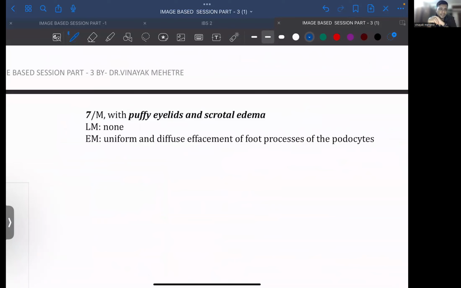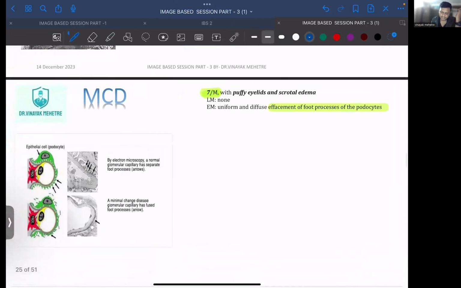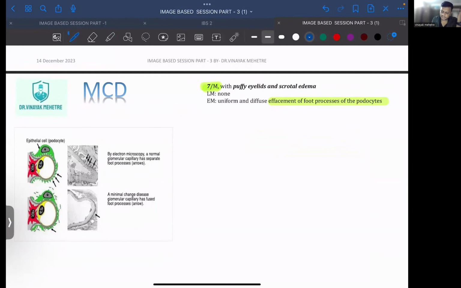But if you are seeing only effacement of foot process, which we also call loss of foot process, the lighter version of MGN is called MCD. So the first hint is age and the second hint will be effacement of foot process, which is seen in MCD, minimal change disease.